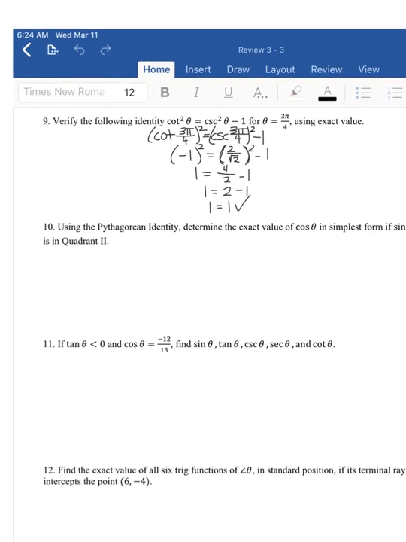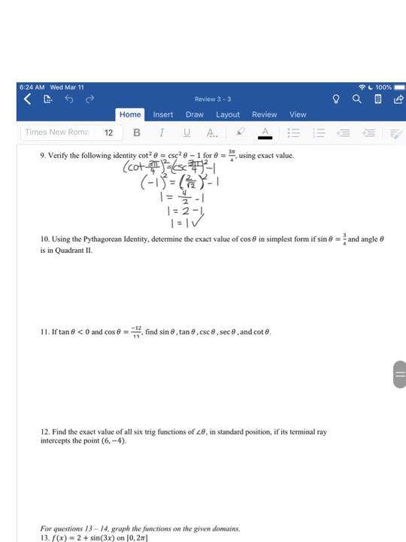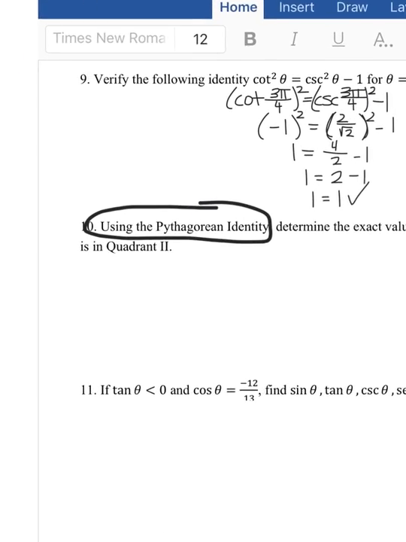Number 10, using the Pythagorean identity, determine the exact value of cosine in simplest form if sine of theta is 3/4 and we're in quadrant 2. So there are different ways that you could solve this for cosine theta, if you wanted to draw that picture and list all of them. But because this says using the Pythagorean identity, you have to use the specific way.